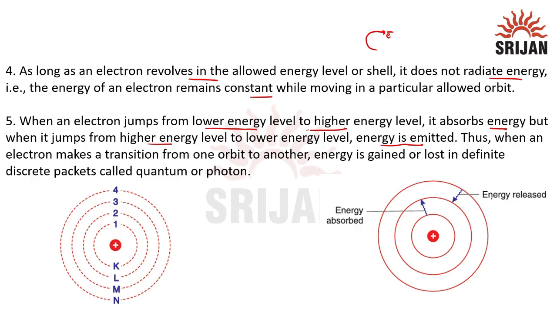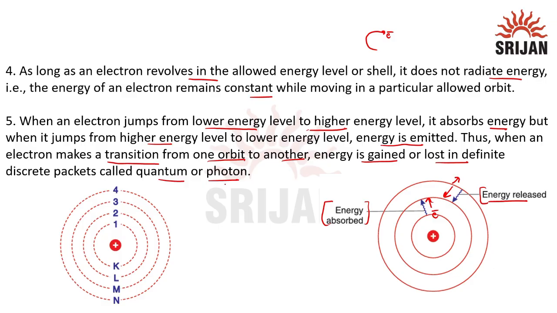You can see in this image, when an electron moves from a higher orbit to a lower orbit, energy is released, and when it moves towards a higher energy level, it absorbs energy, right? The electron makes a transition from one orbit to another. Energy is gained and lost in definite discrete packets called quanta or photons, right?